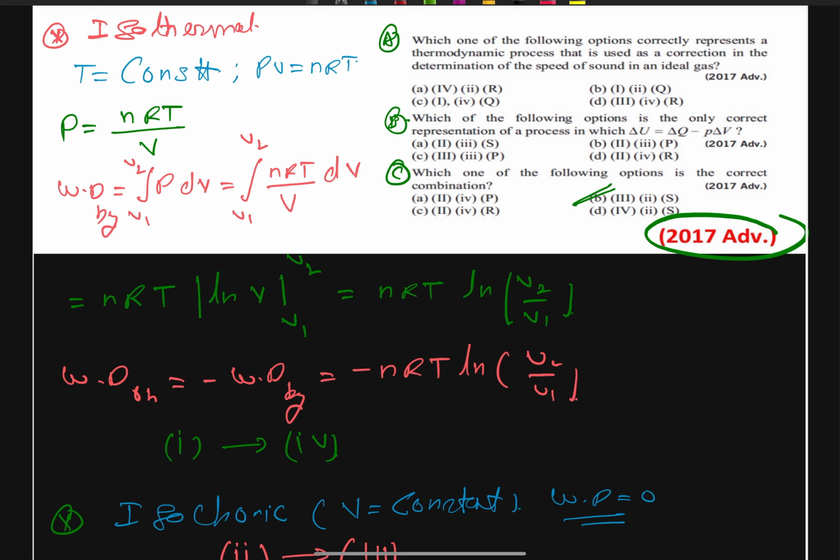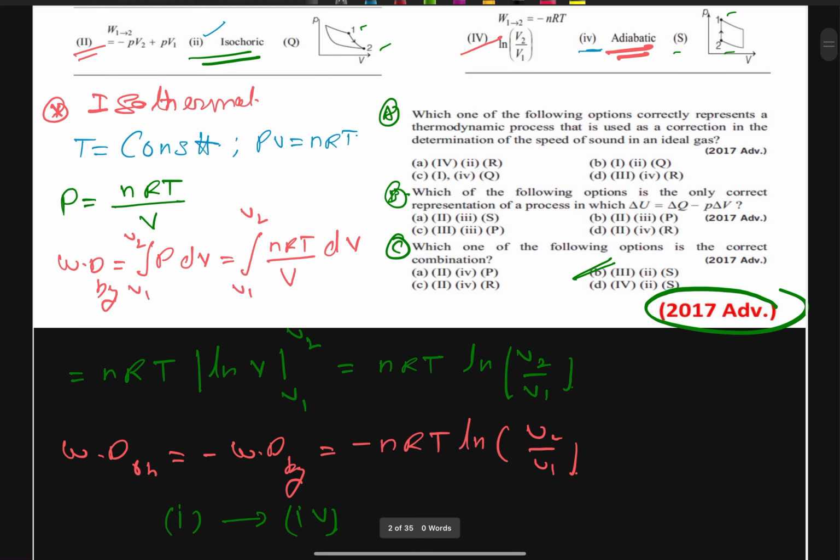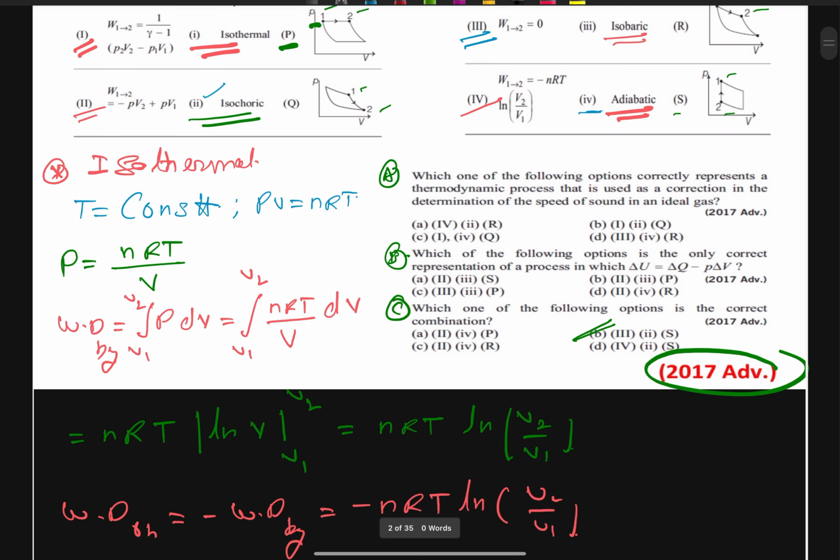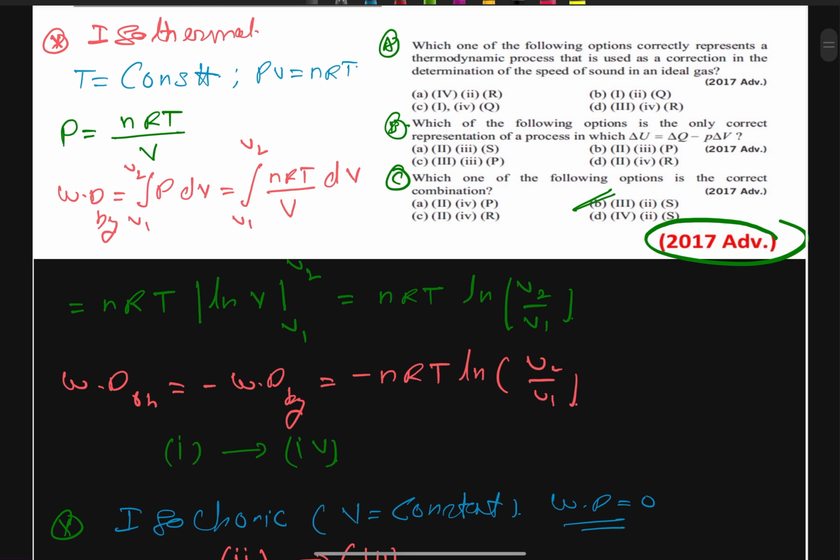So in this case, we can say that delta Q will be represented by second, third, and second matches with third, and it is going to match with P. Okay, so we are going to have second, third, and P, and option B is the correct one.